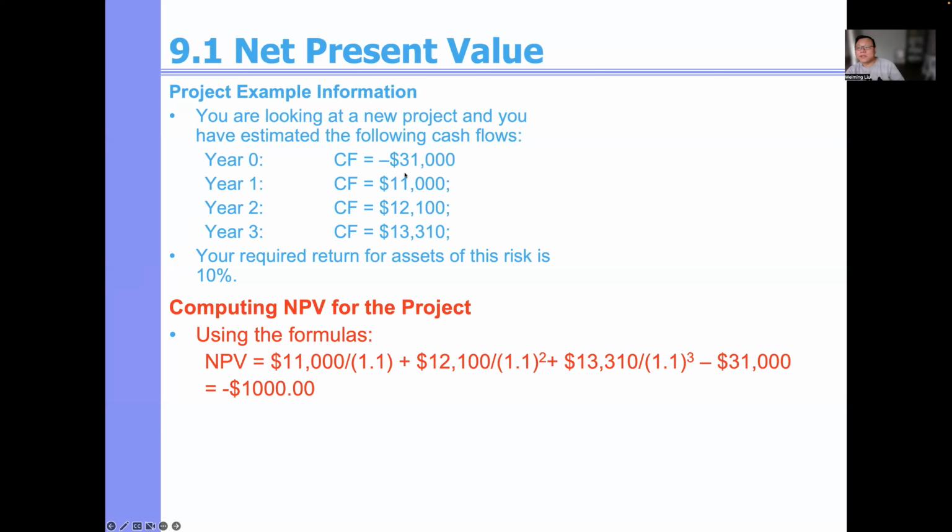And at the end of the second year, the cash flow is 12,100. This time you're going to discount by 1.1 to the power of 2. Now the last one is the third year. At the end of the third year, 13,310 will be discounted by 1.1 to the power of 3, because that's the cash flow from 3 years from now.